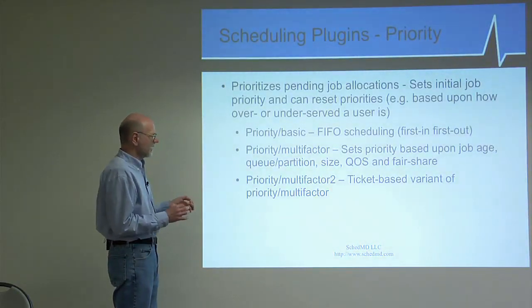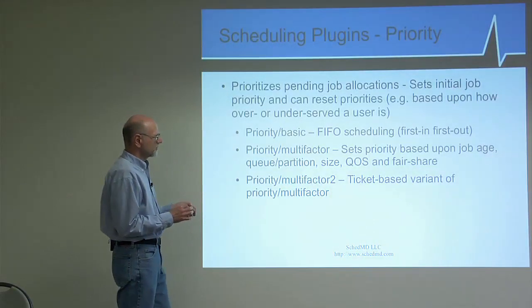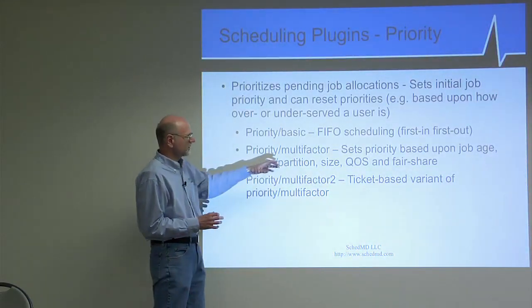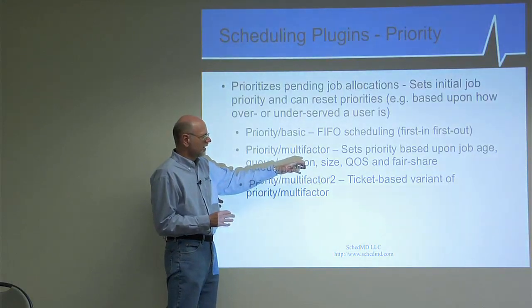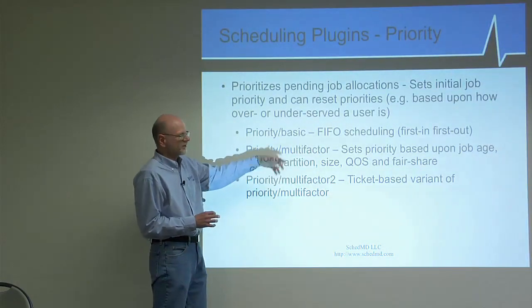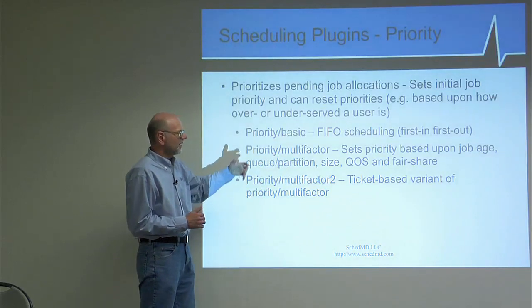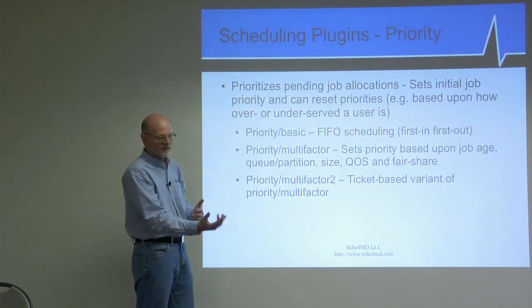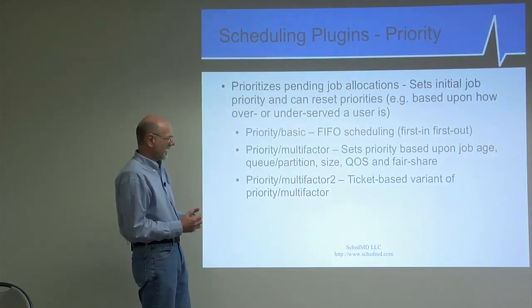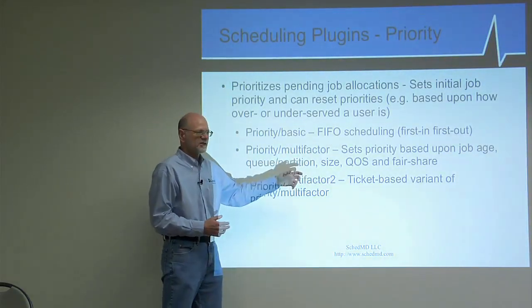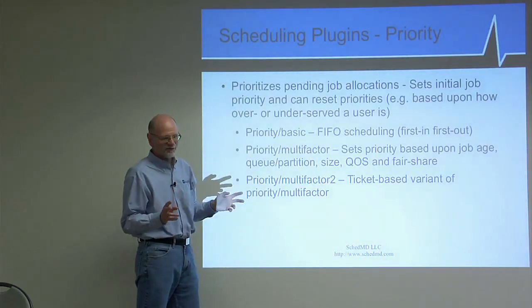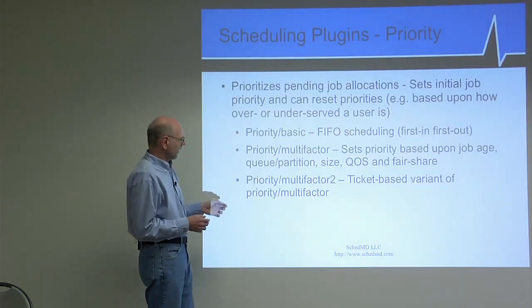There are a lot of parameters for these various things too, so not only can you control how important is a job size compared with its age, but when you're considering the age, what the maximum age is at which you want to give a job whatever the maximum is. Or for size, if you want to favor small or large jobs, what exactly constitutes a small or large job?